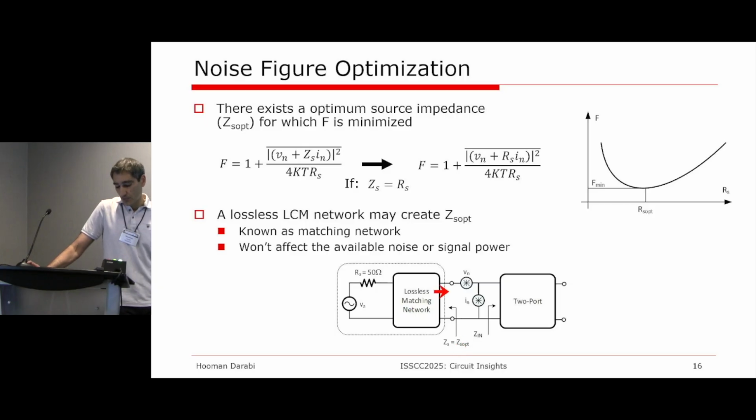And since this network is lossless and reciprocal, it is not going to change the available power here. The power gain is 1, it's lossless. It's not going to also change noise, already established. L's and C's, lossless elements, are noiseless. So the signal-to-noise ratio is intact, as if you're getting the same thing here as used to right at the source, whereas the impedance is transformed to what we like.